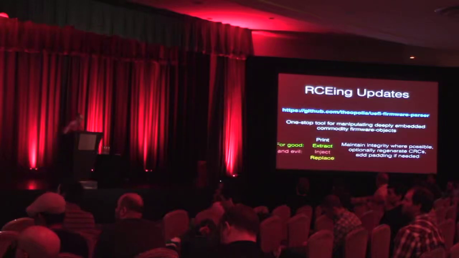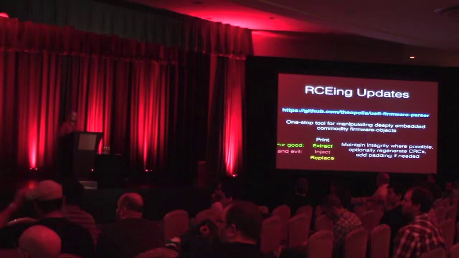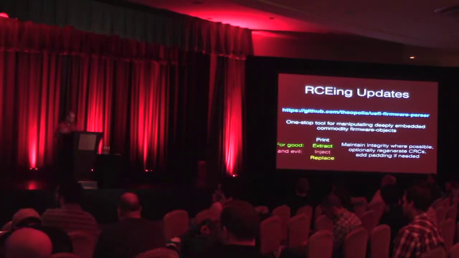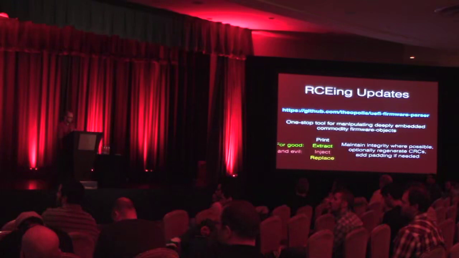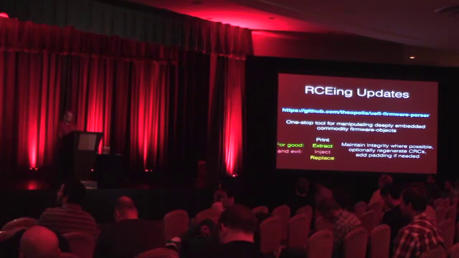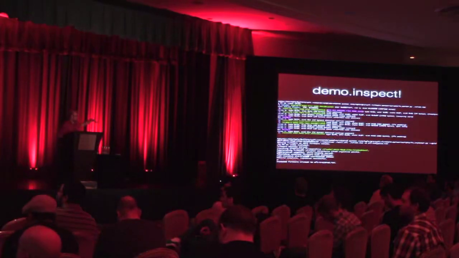I have a couple other capabilities inside that tool too. I wanted a one-stop tool. It's a Python module, so you can include it from your offensive tool packages or distributions or whatever you have right now. Extract everything, show it on a console, but also inject and replace various parts inside the UEFI update. So it comes out as something like this, where you see, all right, here's the tree of data structure that's inside the update.